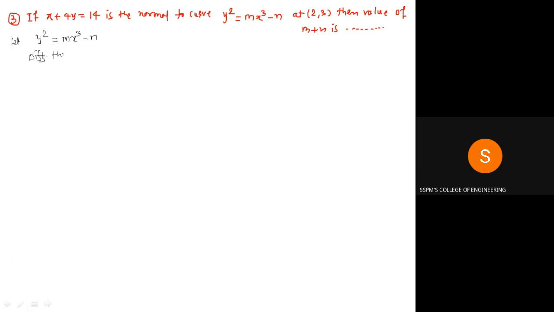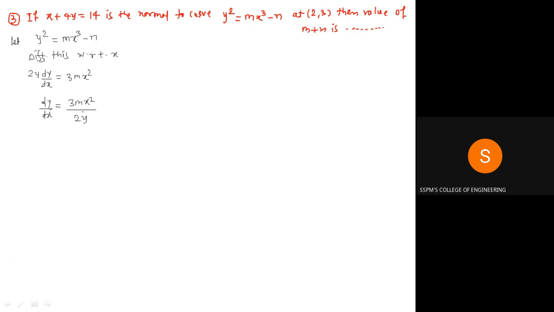So what is the derivative of y square? 2y into dy by dx equals the derivative of mx cube, which is 3mx square, and the derivative of n with respect to x is 0 because it is constant. So in this case, what is dy by dx? dy by dx equals 3mx square upon 2y.